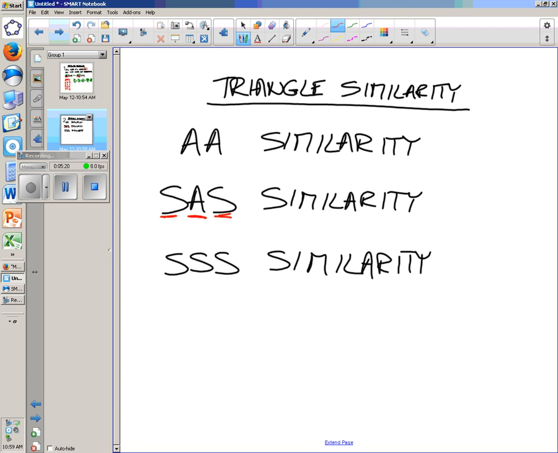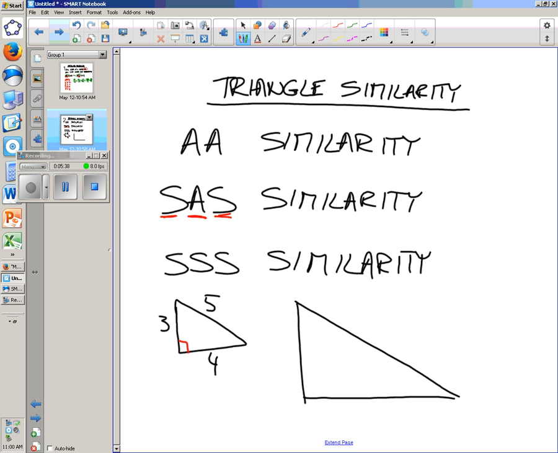then these two triangles are similar. An easy way of seeing some of these are back from our Pythagorean triples that we had later. If you have a triangle that has side lengths of 3, 4, and 5, we know that's a right triangle because that's a Pythagorean triple. Well, if you have a 6, 8, 10, we said this is in the same family.